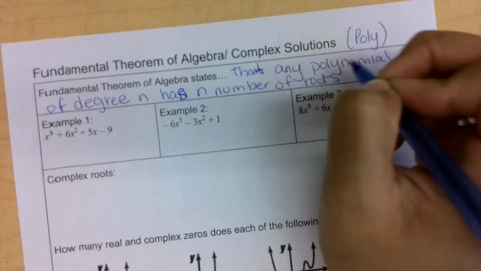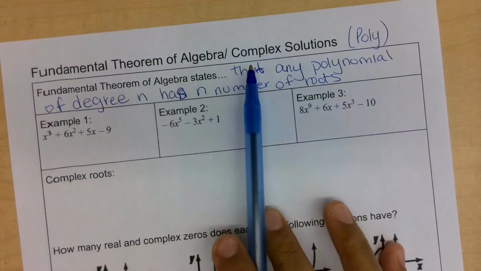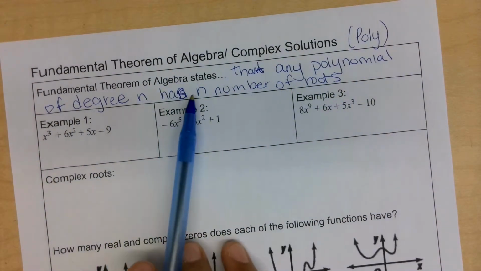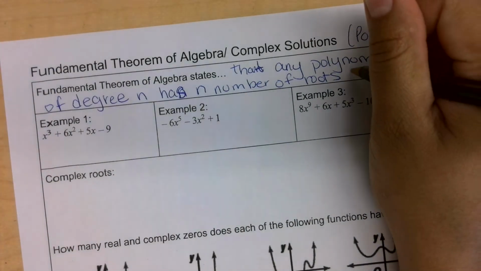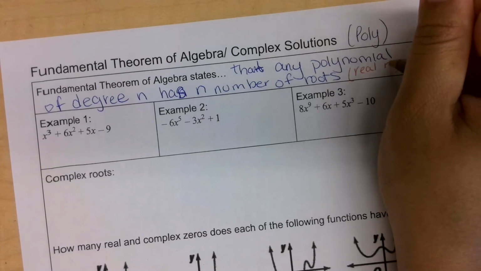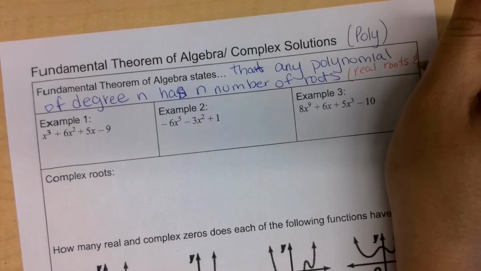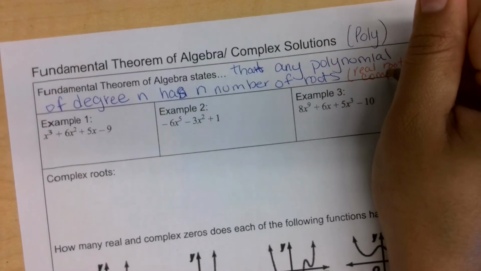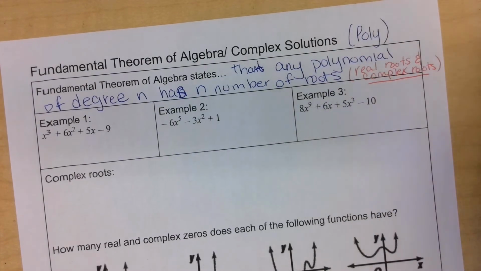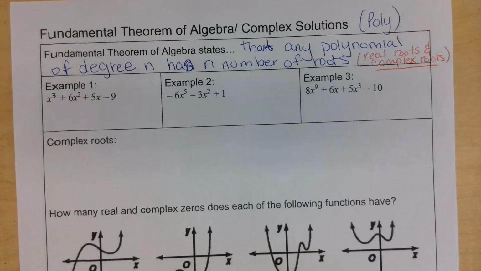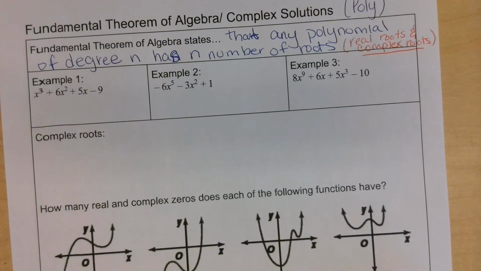All right. So the fundamental theorem of algebra states that any polynomial of degree n has n number of roots, and when we talk about the number of roots, we are including real roots and we're including complex roots, okay? And we're going to talk about that in just a minute, what I mean by complex roots. So the fundamental theorem of algebra tells us that degree n has n number of roots, real and complex.